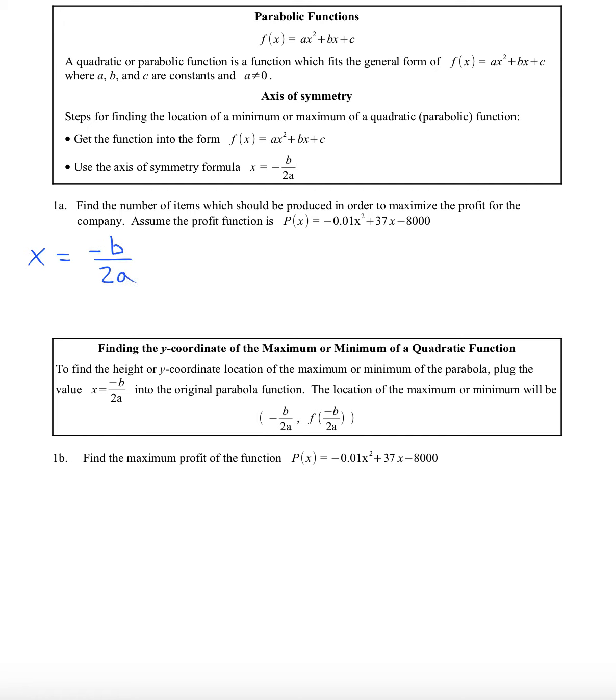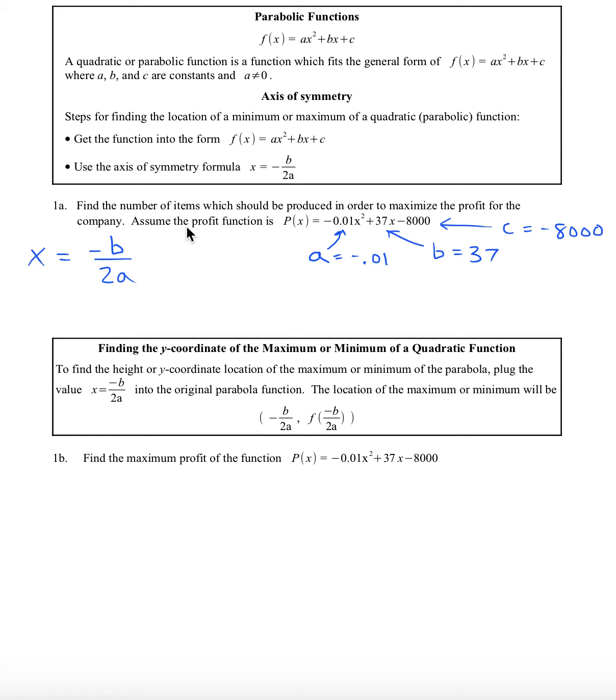Now, in our profit function here, a is negative 0.01. B is 37, and C is negative 8,000.